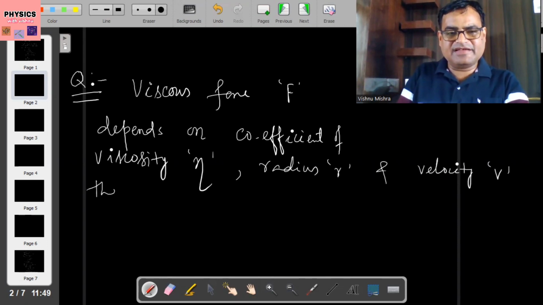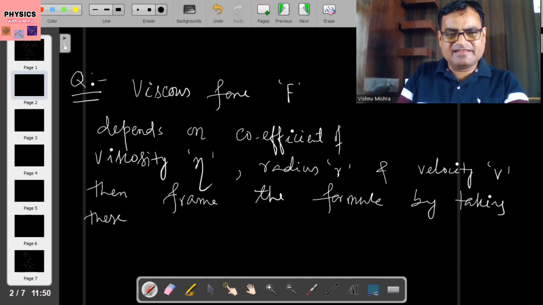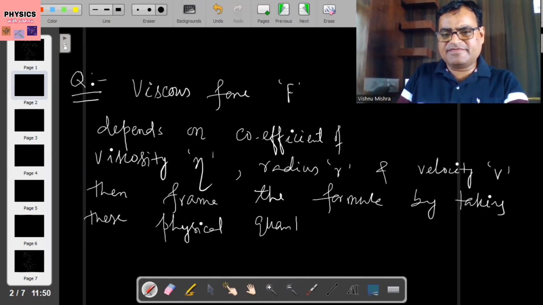Then frame the formula by taking these physical quantities.